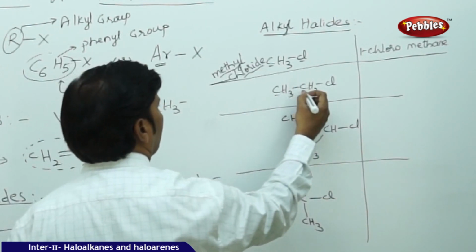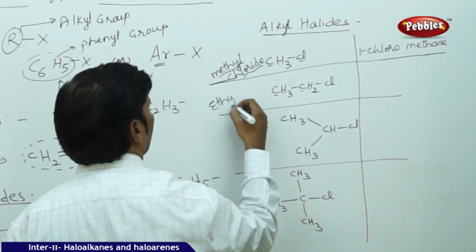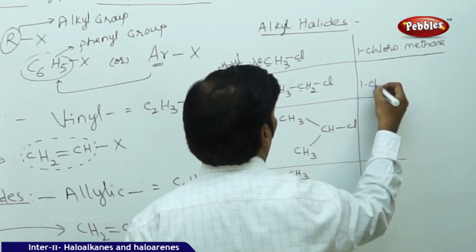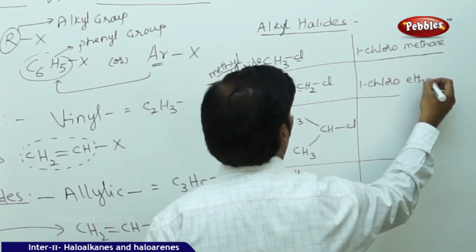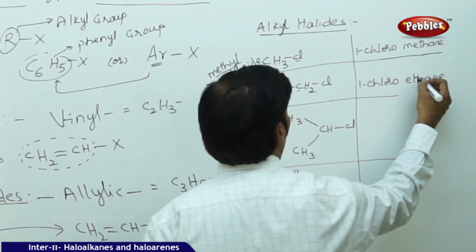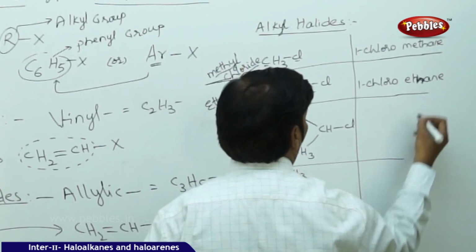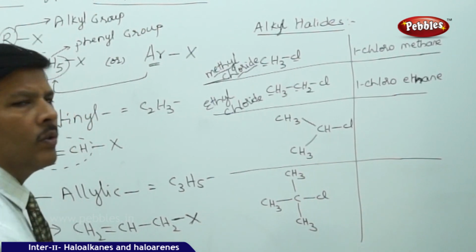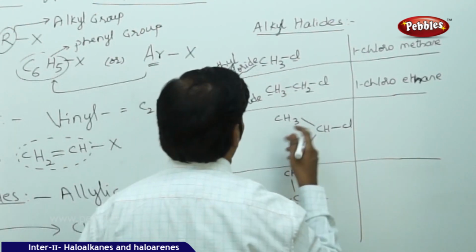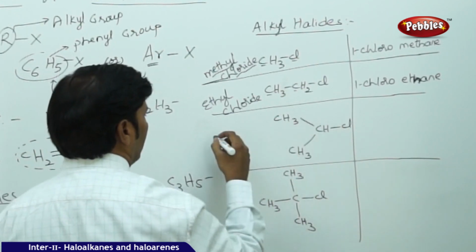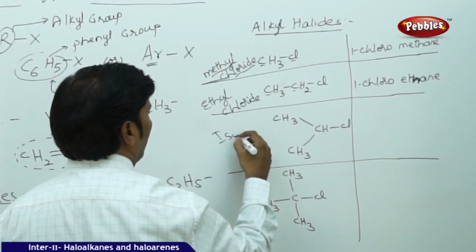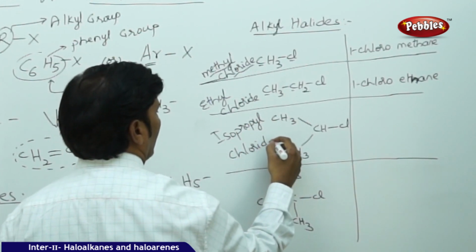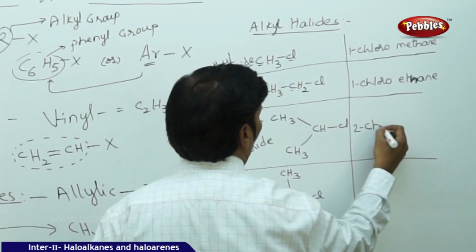Here, because we have two carbons, we can call it ethyl chloride, and the IUPAC name is 1-chloroethane. Here we have three carbons and the chloro group is attached to the middle carbon. The common name for this compound, because there is a branch, is isopropyl chloride, or you can simply take this as 2-chloropropane.